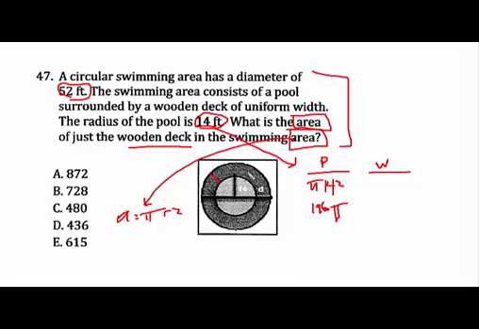So now, if we want to find out what this is, we subtract the middle. So 676 pi minus 196 pi is going to give us the difference, and that difference represents the deck. 676 minus 196 gives you 480.